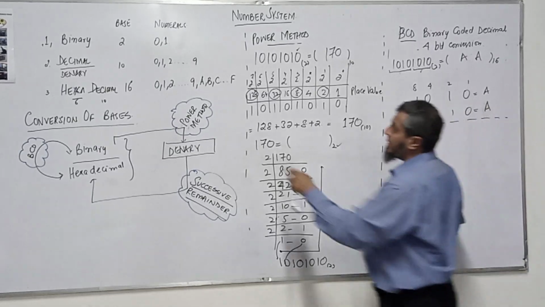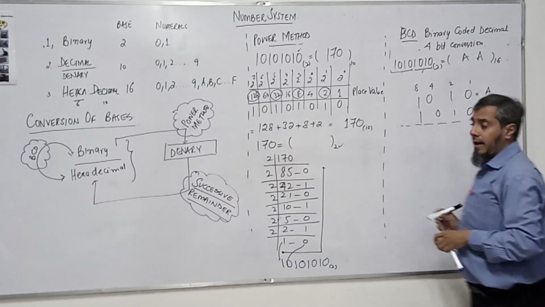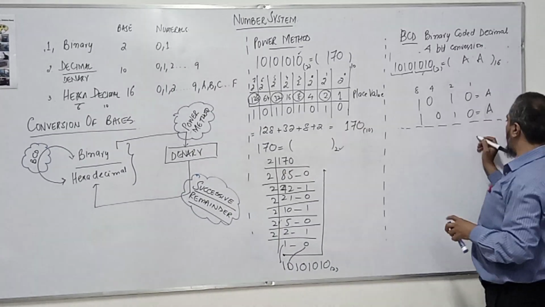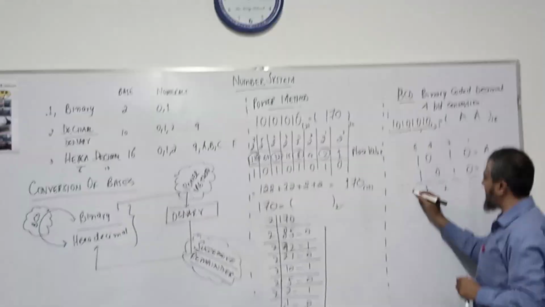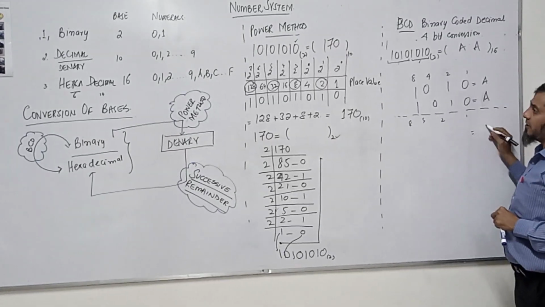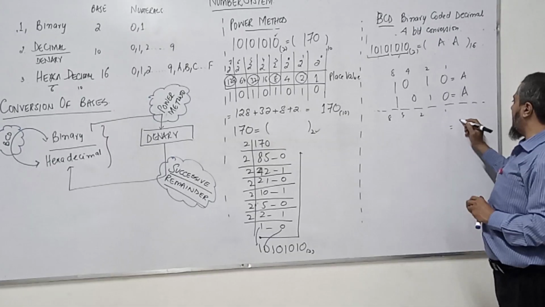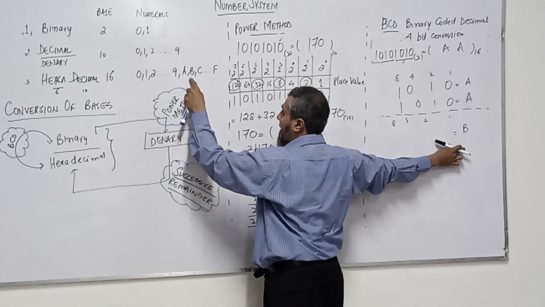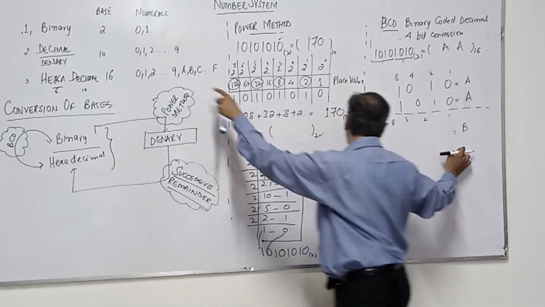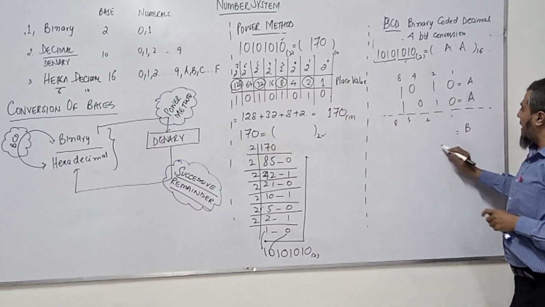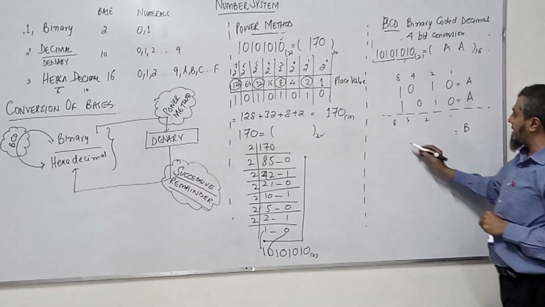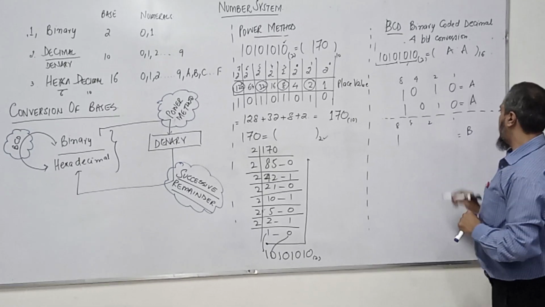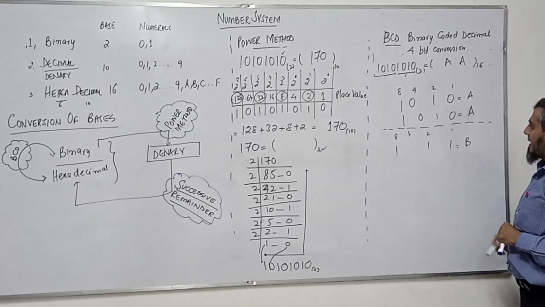If you want to represent B as a hexadecimal value, I have the 1, 2, 4, 8 form, and you want to convert to BCD. How will you represent B? If A is representing 10, then B will represent 11. So for 11, which bits will I turn on? 8, 9, 10, and 1, 11.